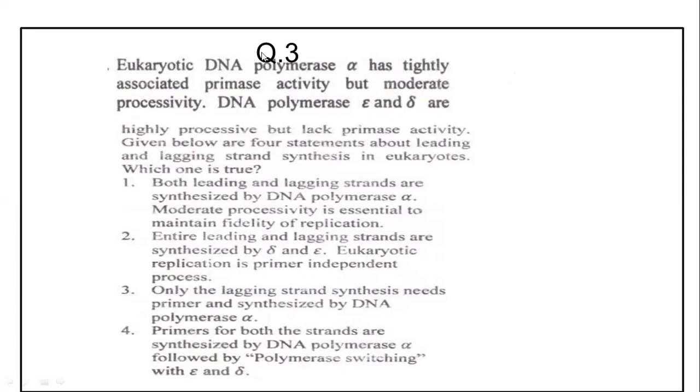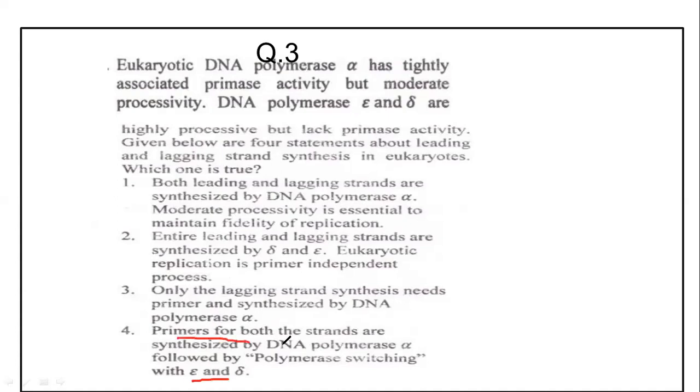In eukaryotic DNA replication, a switching occurs, called polymerase switching. Alpha first adds the primers and creates a short initiator part of the DNA, and then it is replaced because of the low processivity of polymerase alpha, and the higher processive enzymes, epsilon and delta, come in.